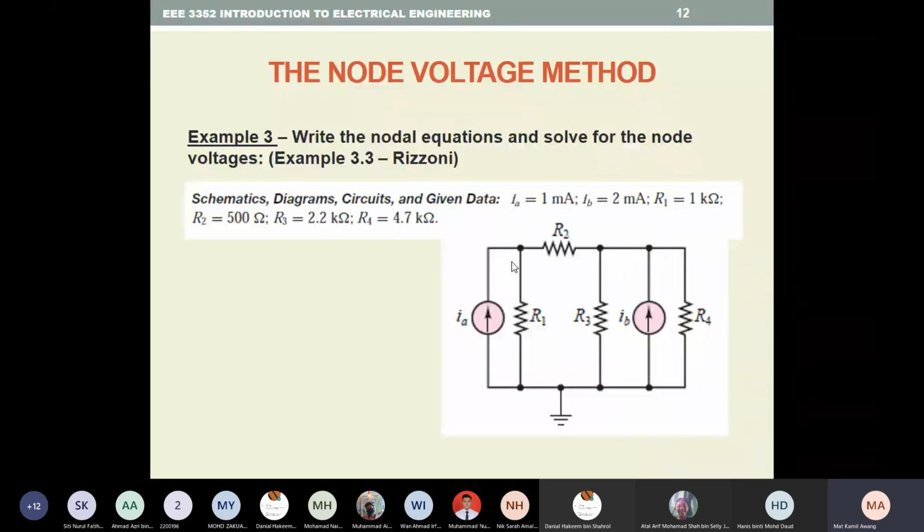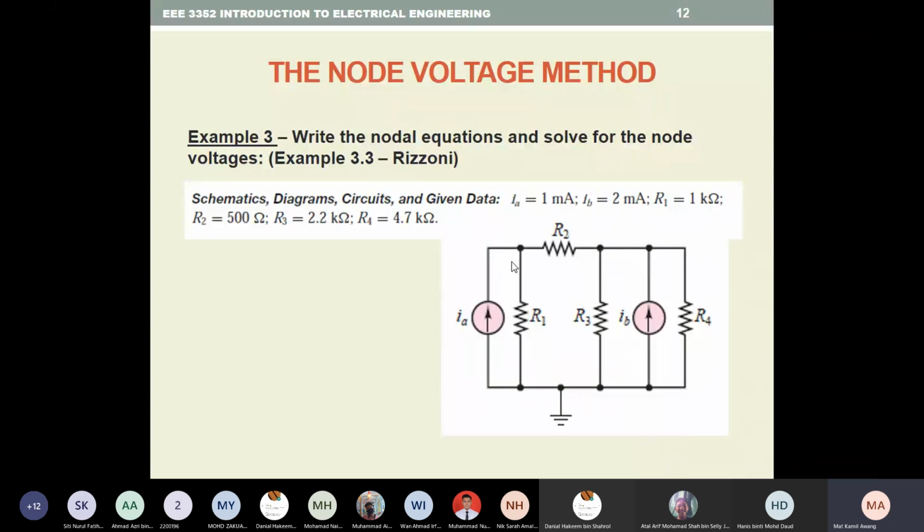Example number 3. Write the nodal equations and solve for the node voltages. This is also an example in textbook 3.3. You are given the circuit with two current sources, IA and IB, and resistors R1, R2, R3, and R4.